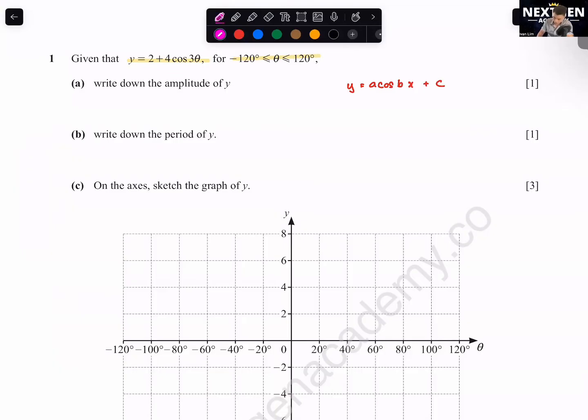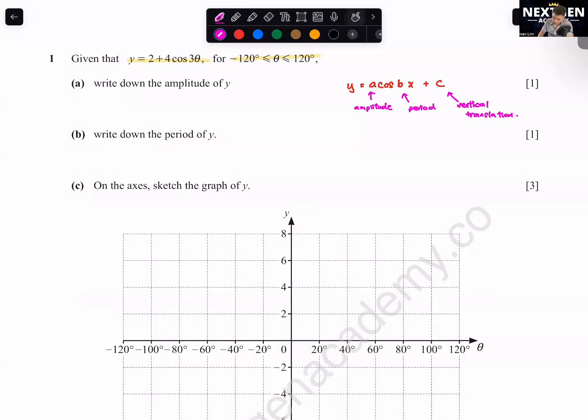Just to be clear, a is the amplitude, b is the period, c is your vertical translation. We always need to put it into this form first so that we know how to find the values they want. Amplitude means from the middle to your highest or your lowest point.